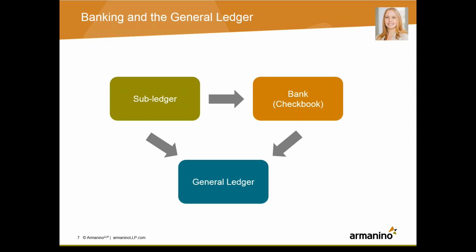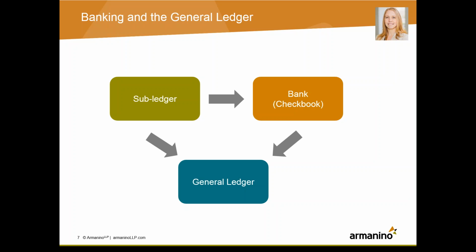So just to give you guys an overview of how transactions flow from subledgers into the GL and the bank. From this diagram, you can see the subledgers we're talking about are payroll, AP, AR. When you post transactions there, like cash receipts, let's say, they have a cash account selected.